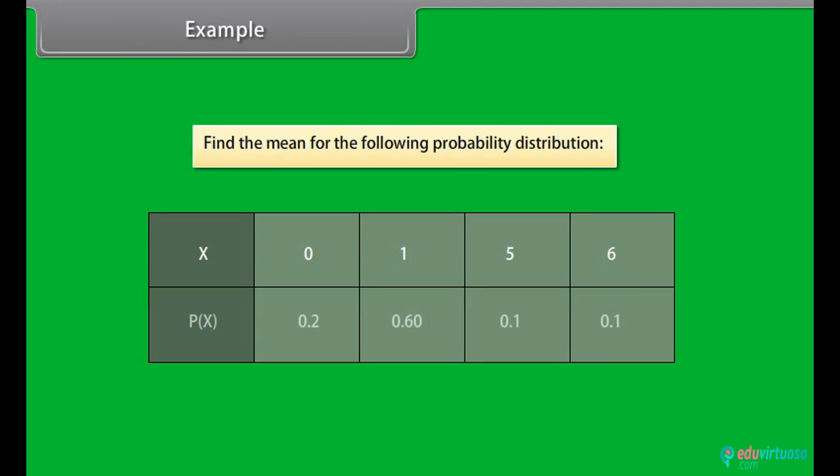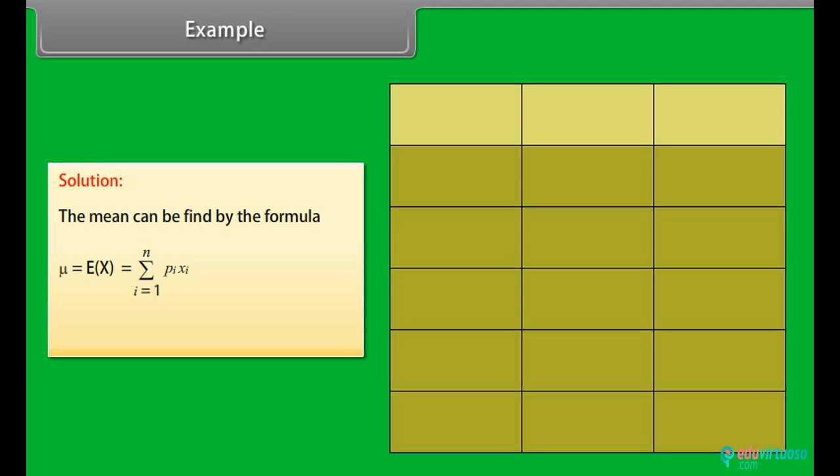Example: find the mean for the following probability distribution. Solution: the mean can be found by the formula mu equal to E(x) equal to summation from i equal to 1 to n of pi xi.